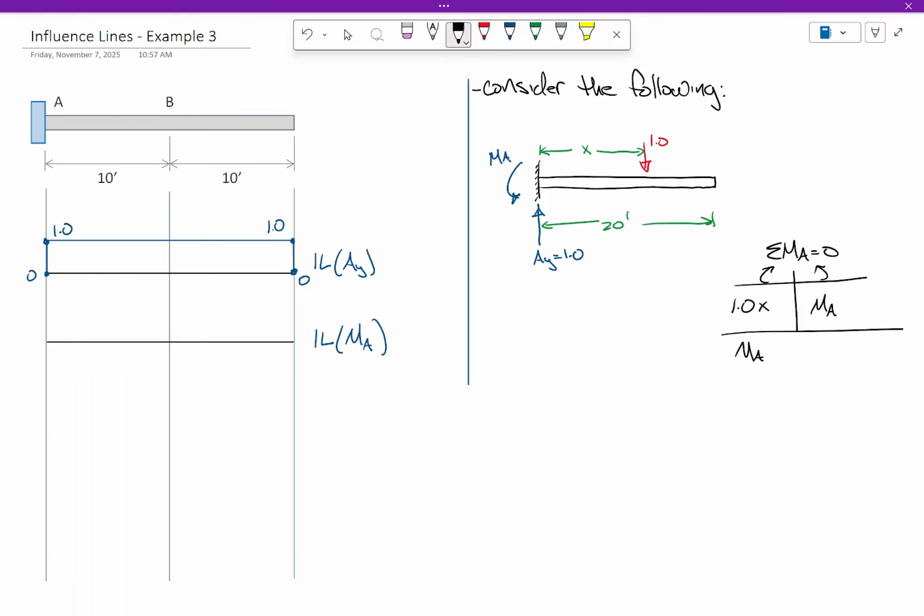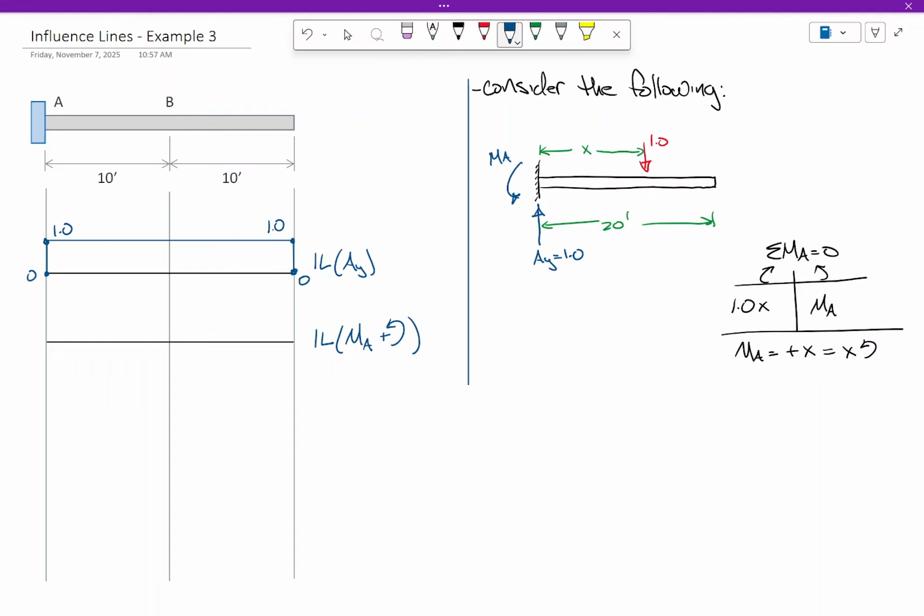So would MA equal positive X? Or maybe a better way of stating it, X going like that, because it's a positive answer and we assumed that. So maybe what I'll do, just to enhance some clarity in my influence line, is I'll say that counterclockwise rotations are positive.